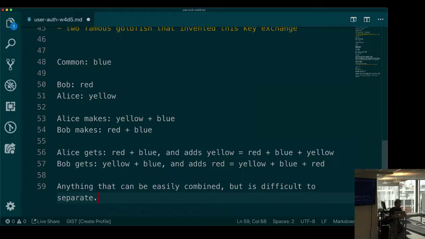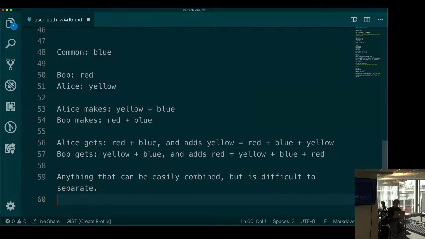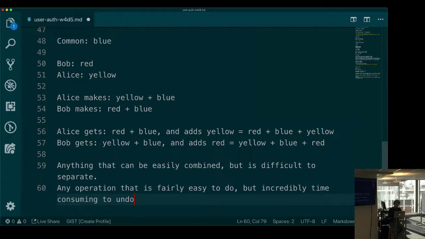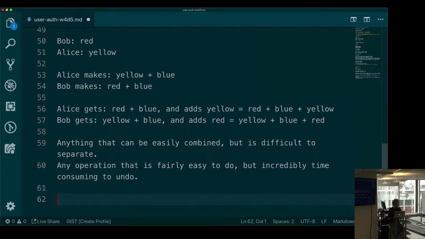Let me rephrase: any operation that is fairly easy to do, but incredibly time consuming to undo. With this idea, this Diffie-Hellman key exchange is this concept up here.